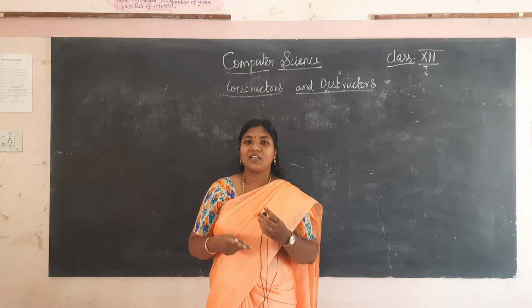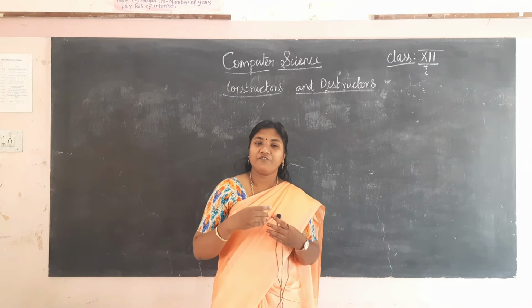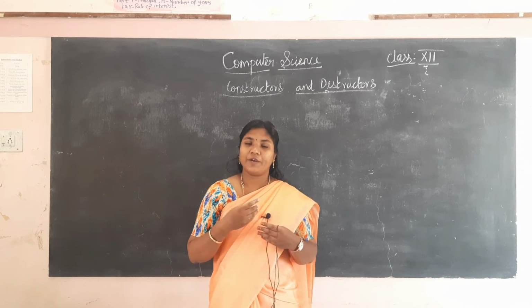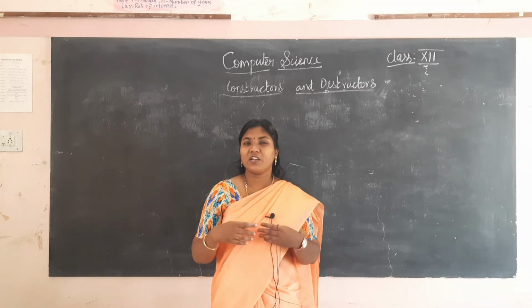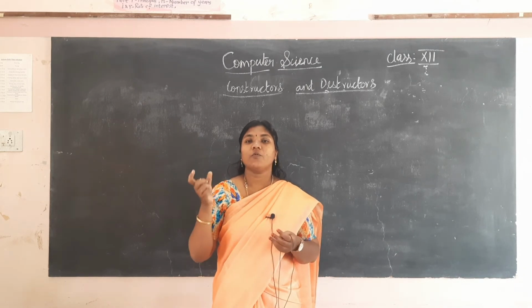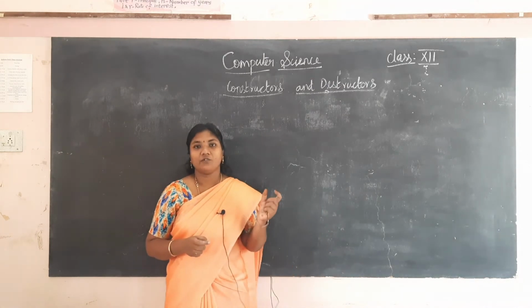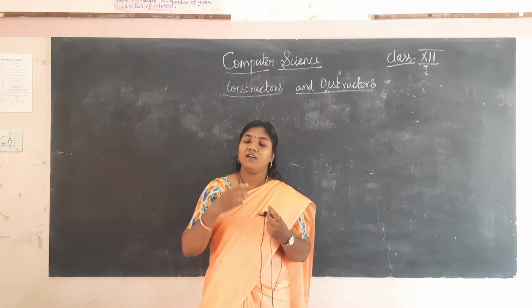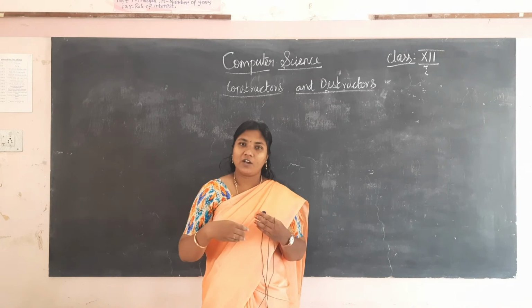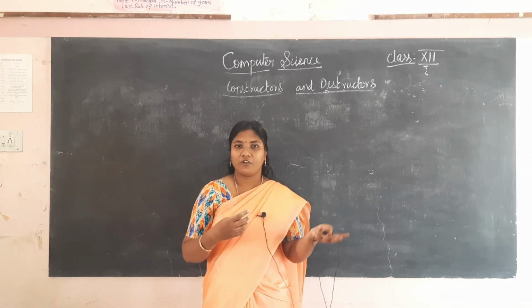Then we saw how we can define a function within the class. We define a function within the class the same way as a normal function, but in the argument you have to give one self. While calling that function, Python will automatically create a value for that self.